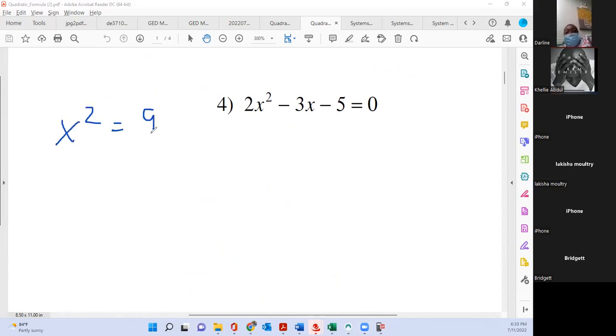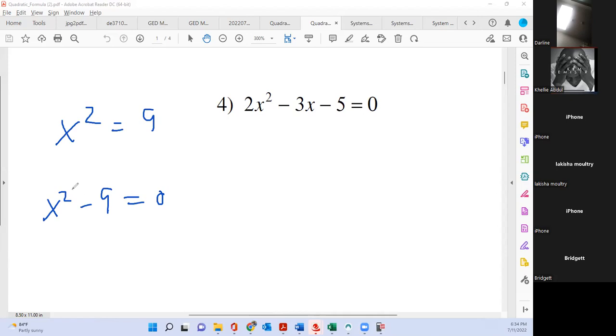X squared equals 9. X squared minus 9 equals 0. Are these quadratic equations? Yes. Why? Because of the second power. I'm glad you asked that question, because especially on the GED, college is a little different, but for the GED, know all your squares. 1 squared is 1, 2 squared is 4, 3 squared is 9.